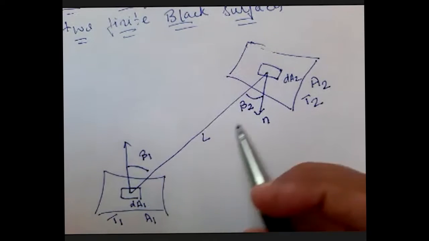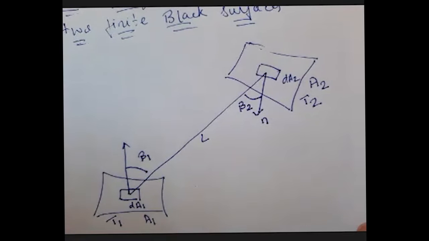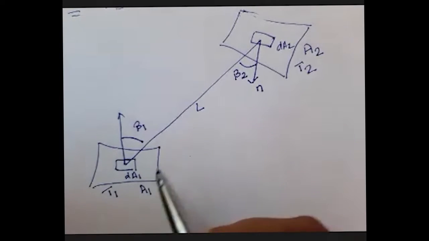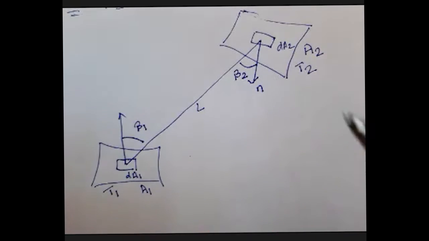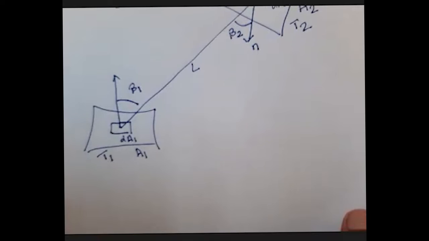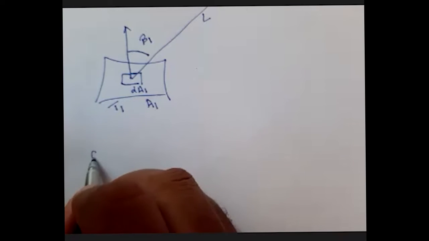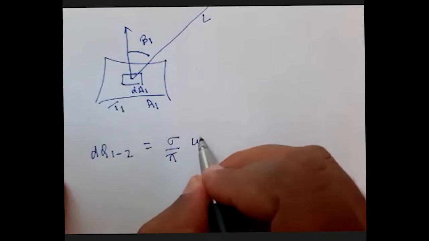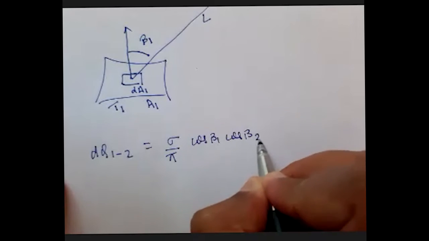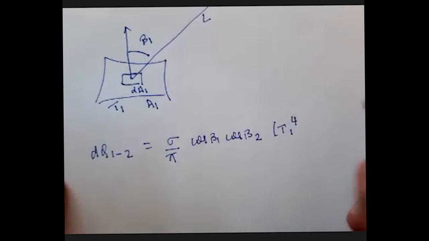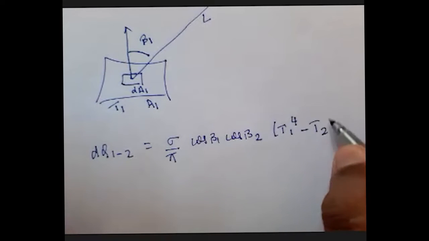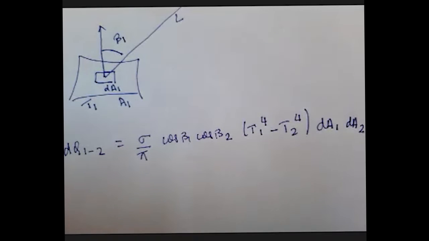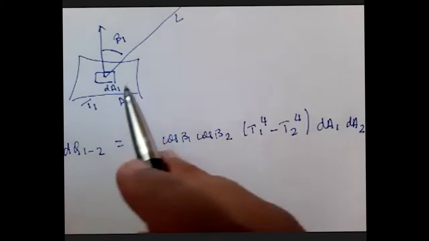I want to know the heat exchange by radiation between two finite black surfaces, for which we already know the equation for a small elemental area from the previous derivation: dq1 to 2 is equal to sigma by pi into cos beta 1 cos beta 2 into T1 raised to 4 minus T2 raised to 4 into dA1 into dA2.